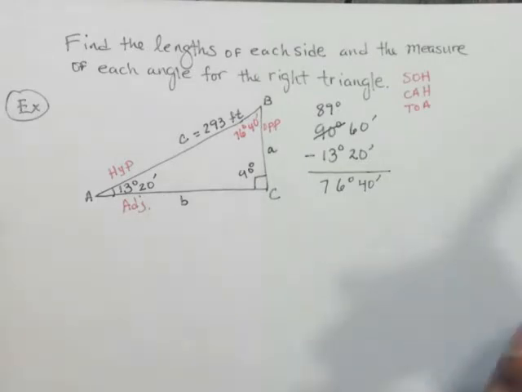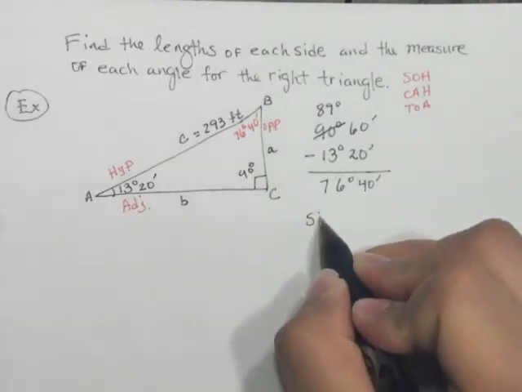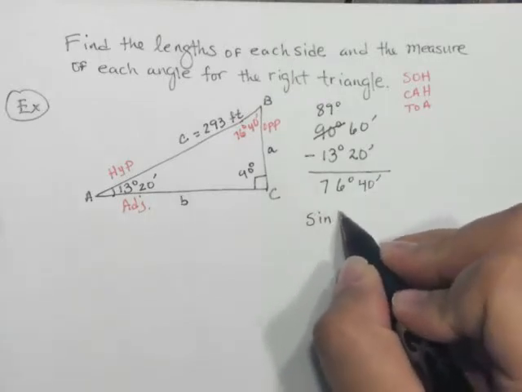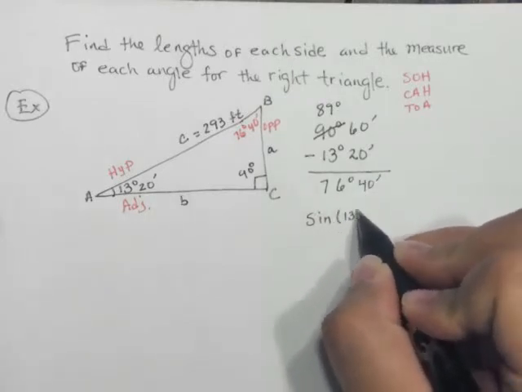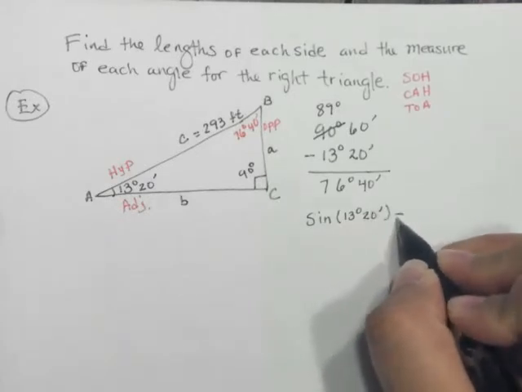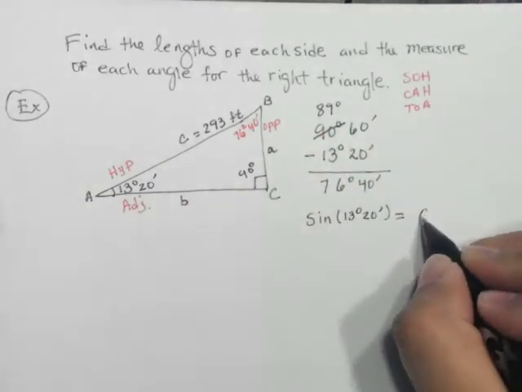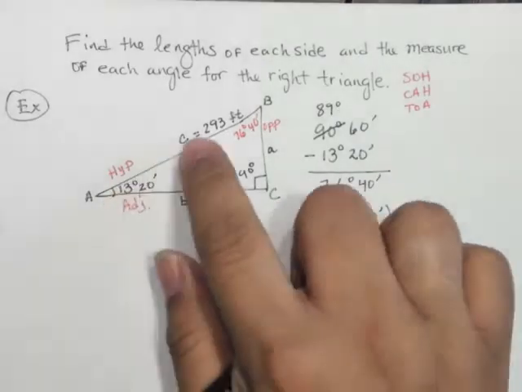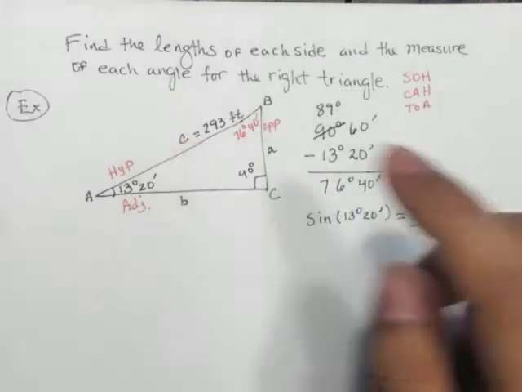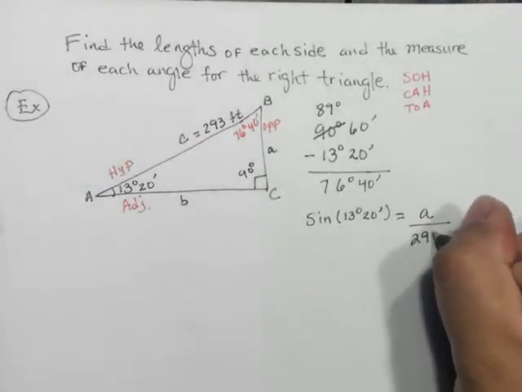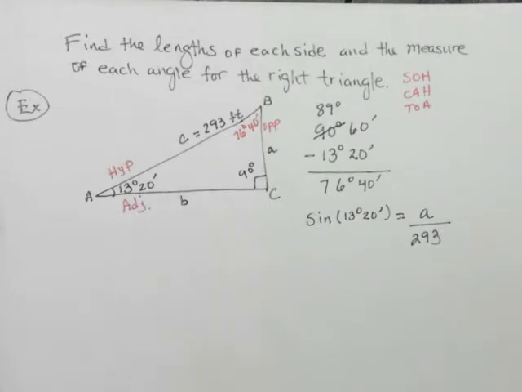So I'm going to write the sine of 13 degrees, 20 minutes equals the opposite, which I'm just going to call the variable A because I don't know it, divided by the hypotenuse, which is 293. Okay, there we go. That's the first setup.